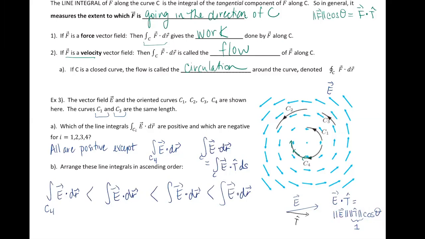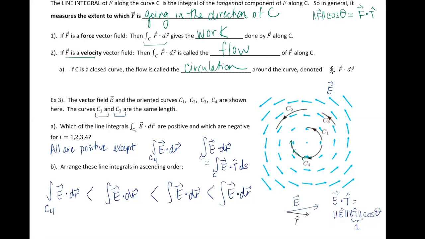So I would expect the integral of the dot product over this curve to be bigger than the one over this curve. Even though C1 and C3 are the same length, it's because the magnitude of E is smaller along this curve than it is here. And so when I take the dot product along this curve, I expect a larger contribution from the field.